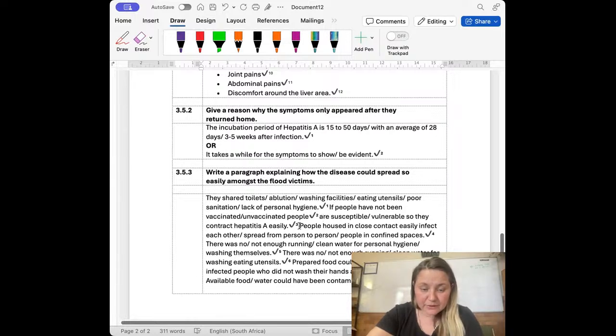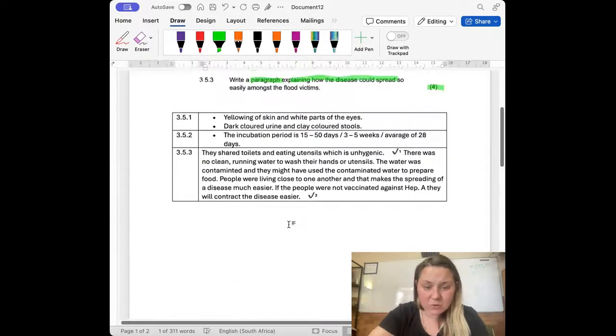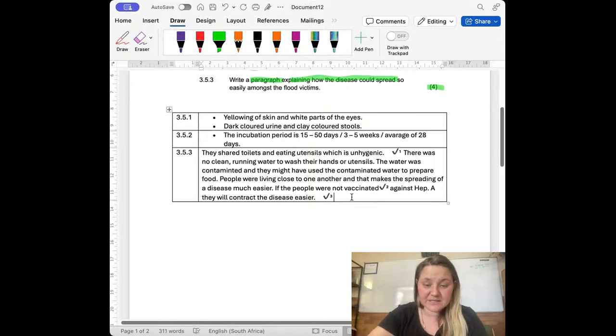Oh, we actually will get 3 marks to say that they will contract the disease much easier. So tick number 2 was actually going to say that they were not vaccinated, my apologies, and that they will then contract the disease much easier.